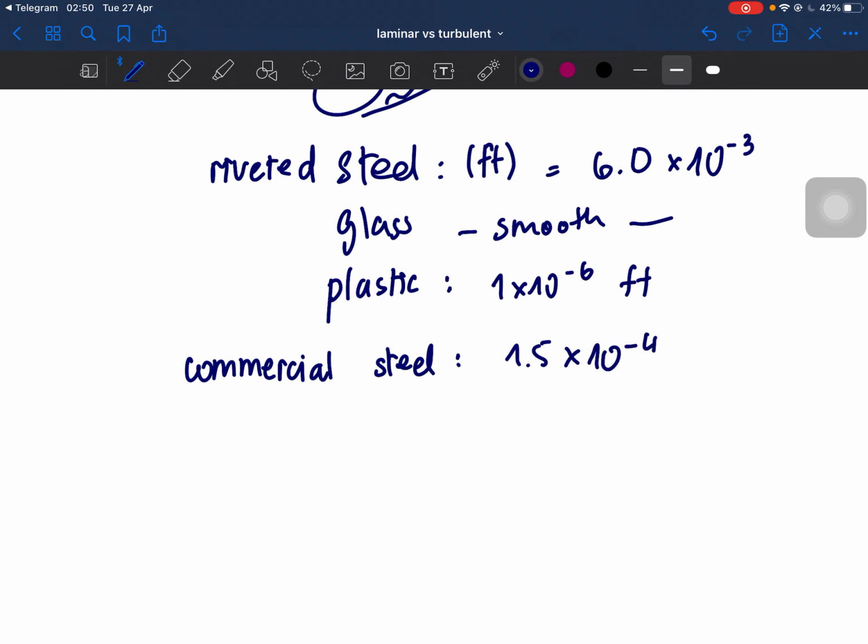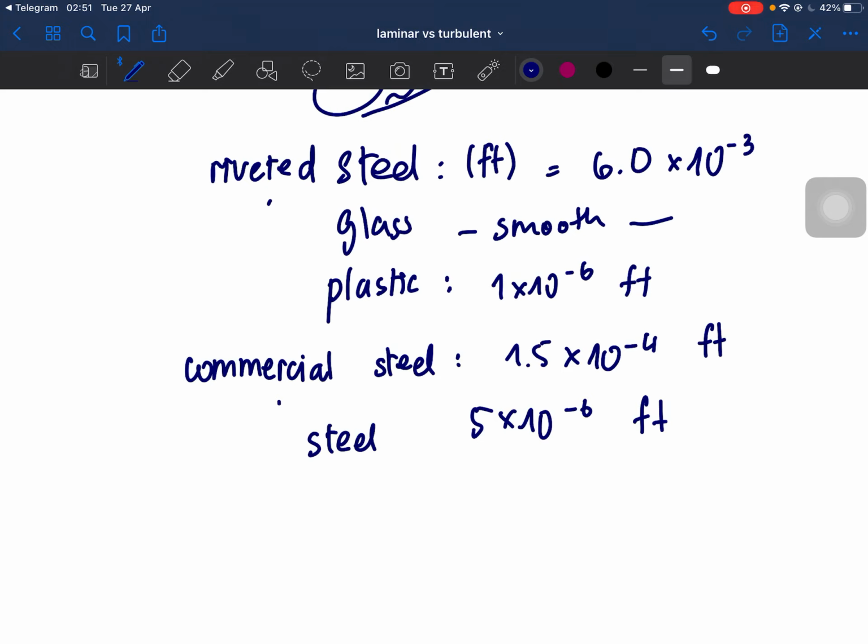If the question is asking for riveted steel, I'm sorry if I pronounce this wrong, or commercial steel, or another type like drawn tubing: steel, brass, copper. It's 5 times 10 to the minus 6 feet. Everything here is in feet.